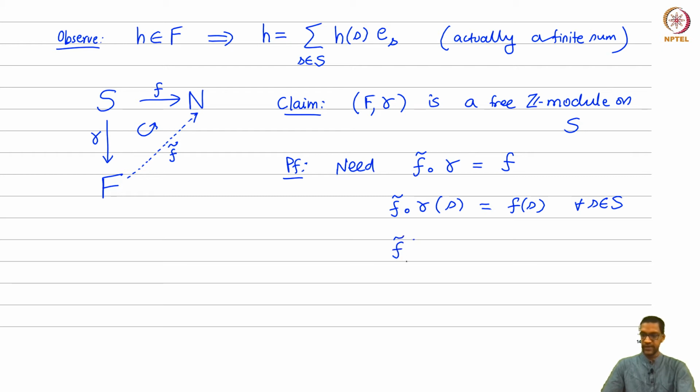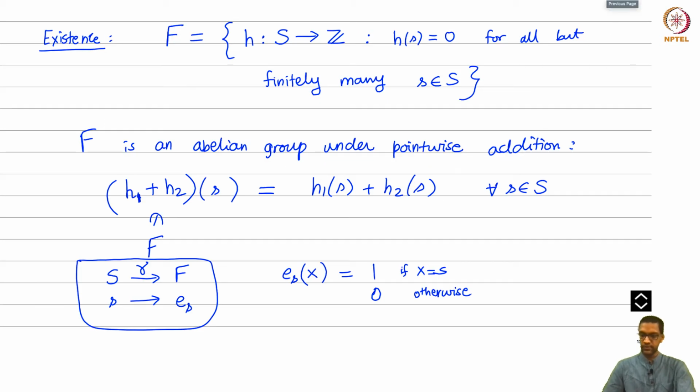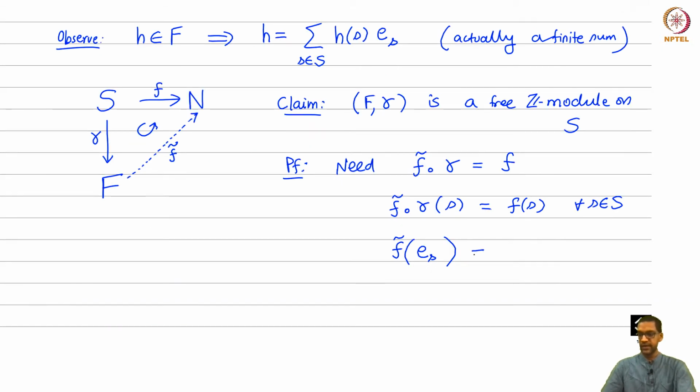This is gamma of s, which we just defined. If you go back and look, gamma was defined to be the map which takes each element s to the corresponding indicator function e_s. So f tilde takes e_s to the value of f at s. This is what f tilde must do.